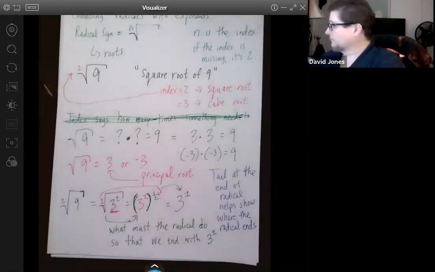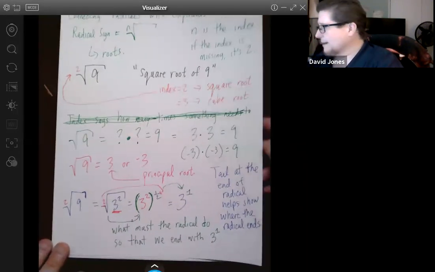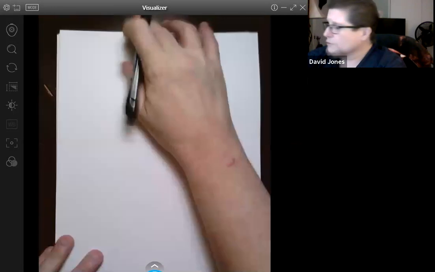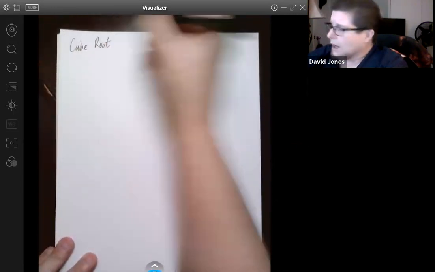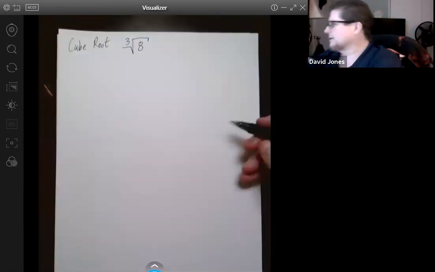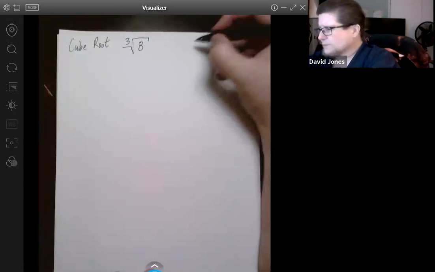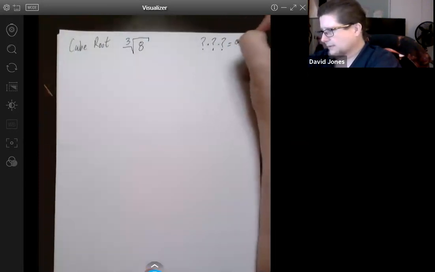Okay? Let's take a look at a cube root one and see what's going on there. It might help make it a little bit better. So cube root of 8. This is really asking what times what times what equals 8.